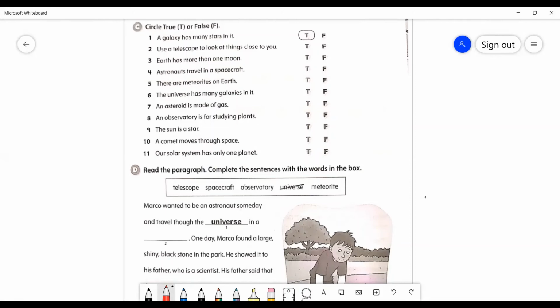Now number 2: Use a telescope to look at things close to you. Not close to us. So this is false, and I circled F. Number 3: Earth has more than one moon.